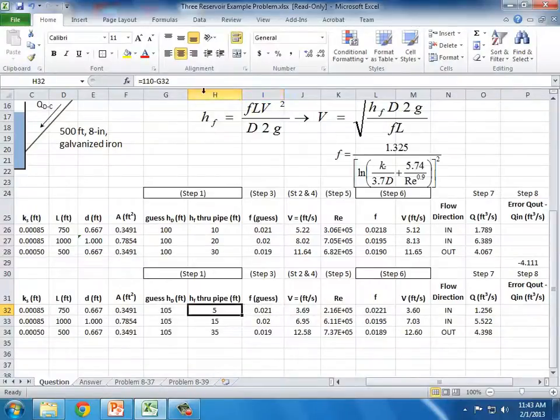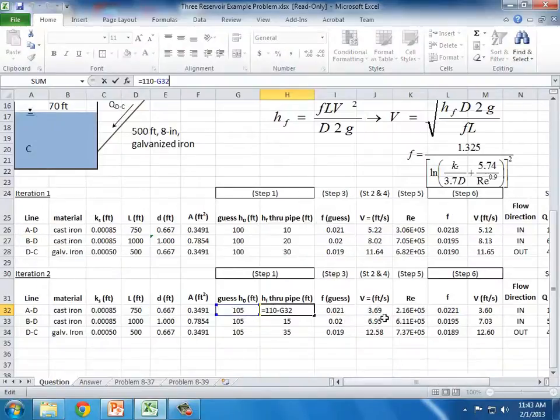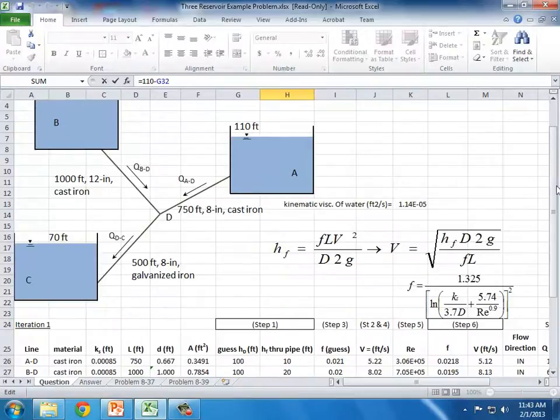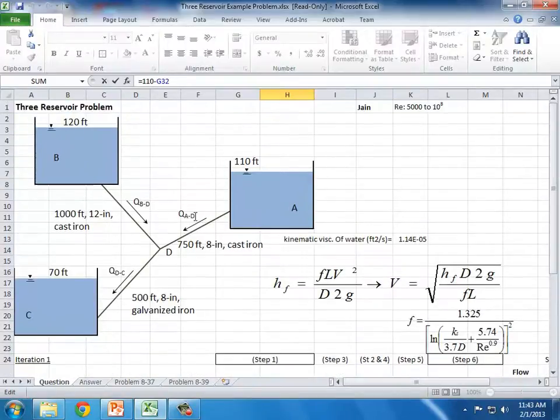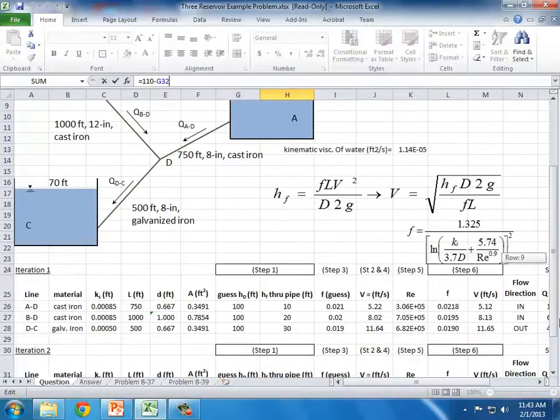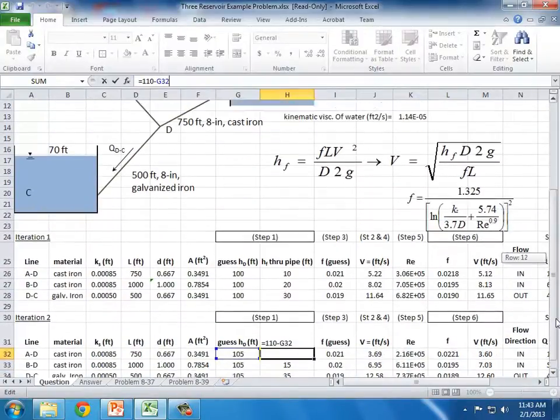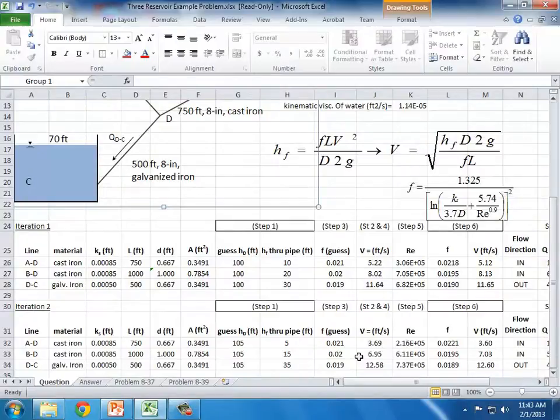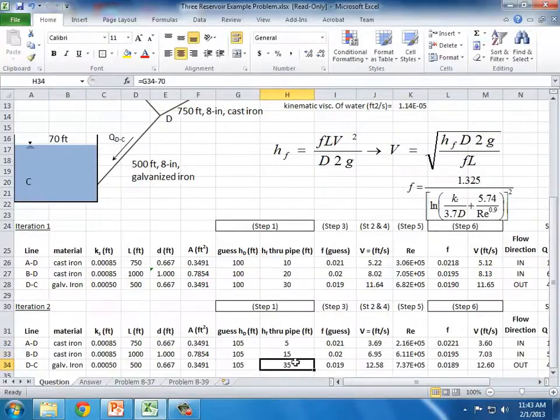Okay, so does this make sense? If the head at D is 105, there's going to be 5 feet of head loss through this first pipe, AD? Yes. From 110 to 105, there will be 5 feet of loss. From 120 to 105, there will be 15. And there's 35, because now if the head at D is 105, I'm 35 feet above 70. And so these head losses make sense.